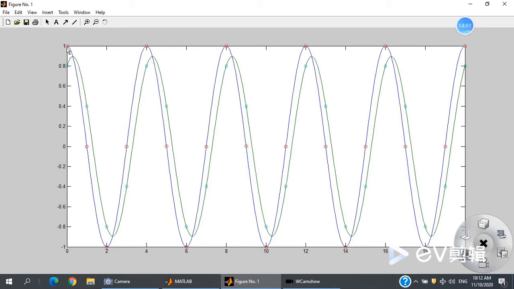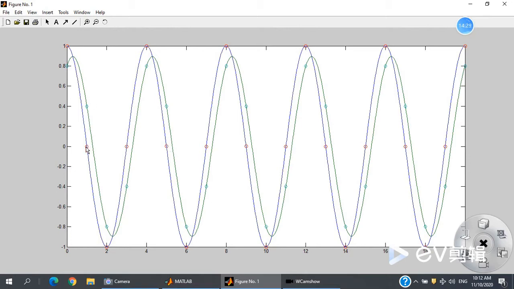So if you compare the blue line and the green line, these two waves, they are shifted. There's some change in the amplitude and with a shift, right? However, if you just look at the diamonds and the circles, the blue diamond and red circles, they don't really look like a shift, right?